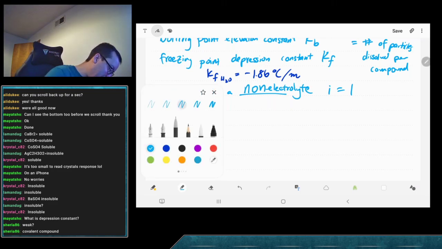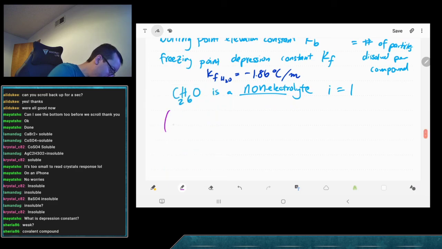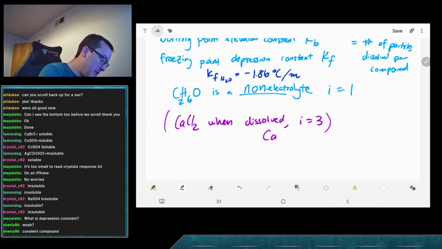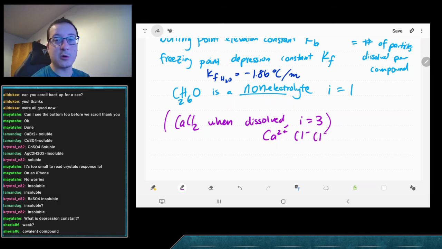Just for comparison, for calcium chloride, for example, the Van 't Hoff factor would be 3 because it breaks up into 1 calcium and 2 chloride ions.